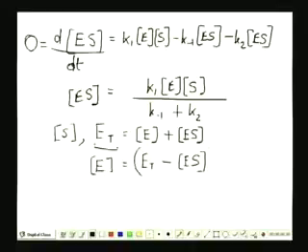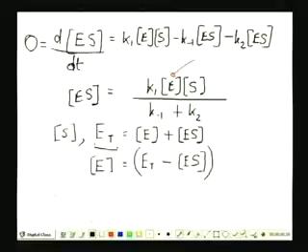Where do I have this quantity in my expression? Here. So this is where we are going to now substitute this. So do that. If we do that, what do we get?